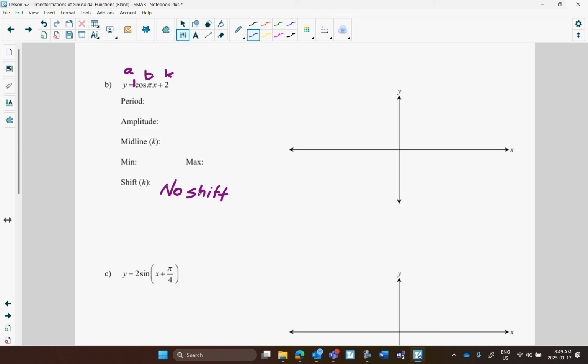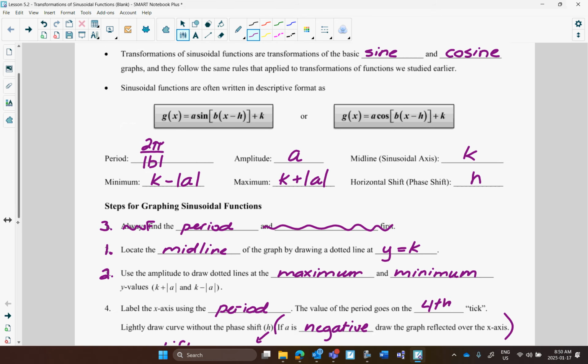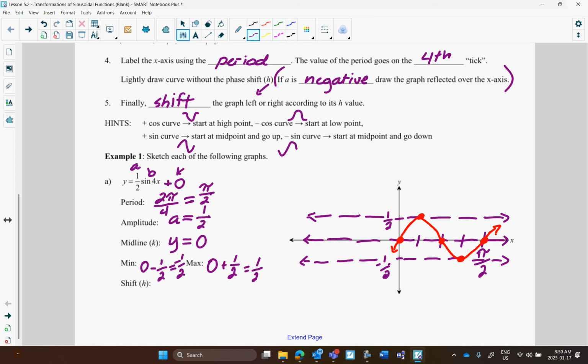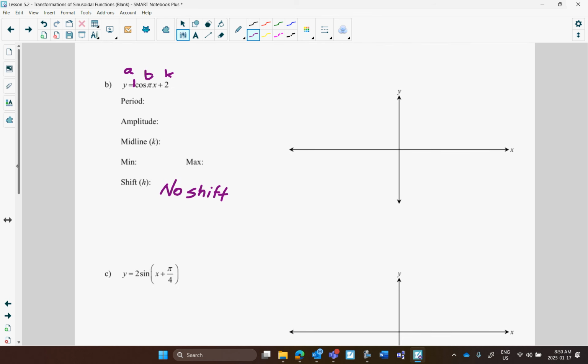Do that back here. And there's no flip, because there's no negatives in front of A or B. So that's good. I can just get all my information and then sketch the final graph.